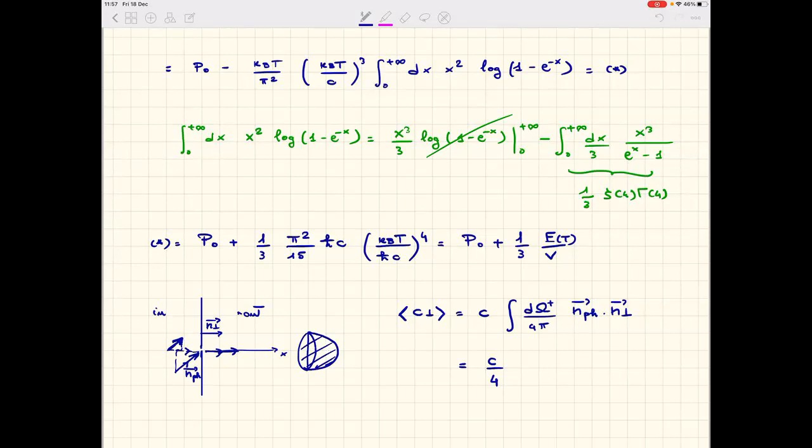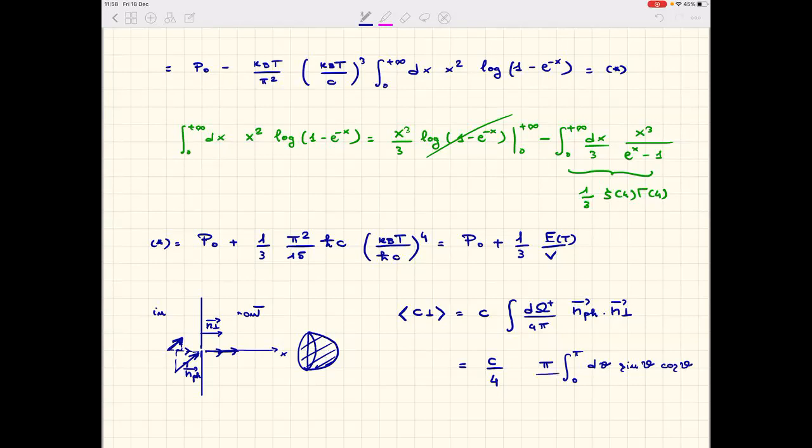So the calculation of this: you will get a factor of 2 pi, and then integration between... no, actually it's not 2 pi, a factor of pi. You have to integrate over half of a solid angle, so the integral between 0 and pi of d theta sin theta, and then from the projection we get cos theta.